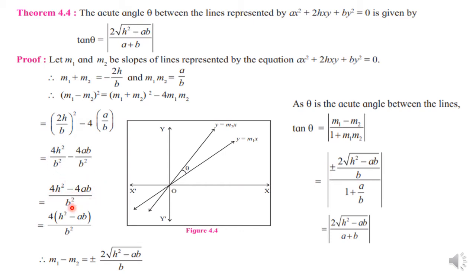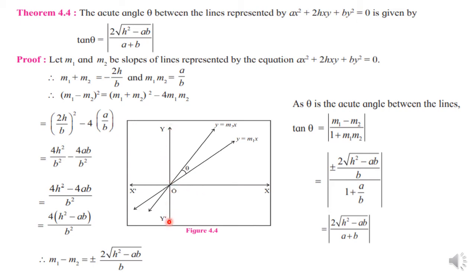The denominators are common now, so we write it under the common denominator, that is b square. Taking 4 common, we are getting 4 into h square minus ab upon b square. Now this is nothing but m1 minus m2 the whole square. So taking square root on both the sides, we get m1 minus m2 is equal to plus or minus 2 root of h square minus ab upon b.